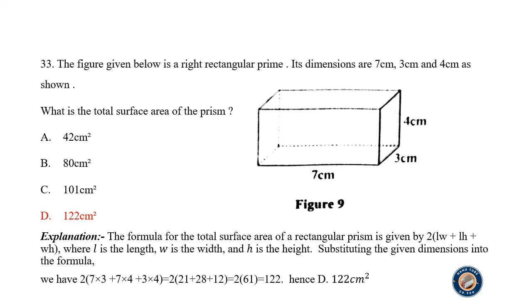Substituting the given dimensions into the formula, we have 2 into (7 times 3 plus 7 times 4 plus 3 times 4), which is equal to 2 into (21 plus 28 plus 12), which is equal to 2 into 61, which equals 122. Hence the answer is 122 square centimeter.